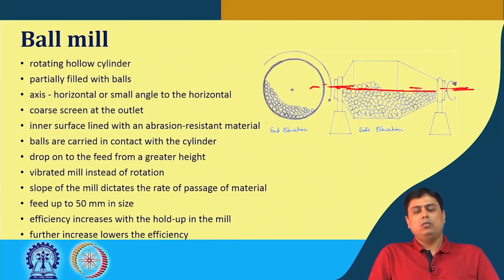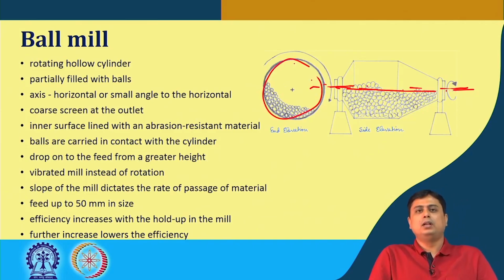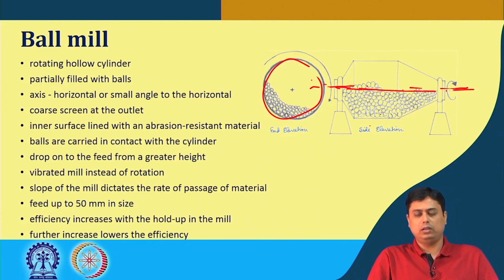Typically we have screens at the outlet to get the desired product sizes, smaller than the screen. The inner surface of this ball mill, or the rotating chamber, is typically made of abrasion resistant material, because these balls are tumbling with one another.